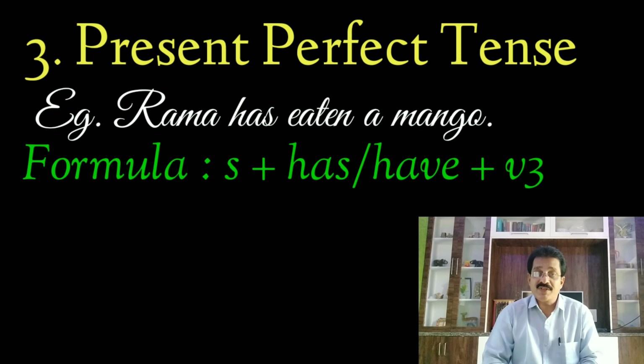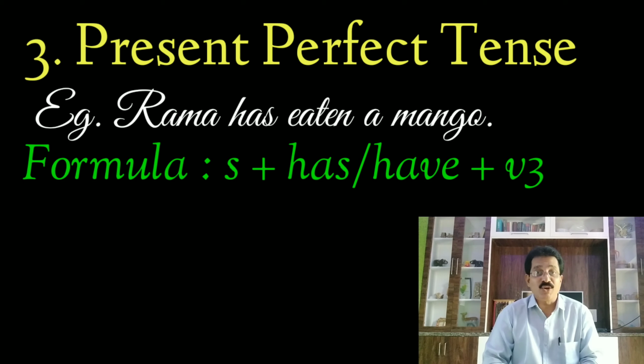Here again comes a choice. You can use has or you can use have. Which one to use? Very simple. Many make mistakes, I know, but here let me make it short and tell you. Has can be used only with third person singular.